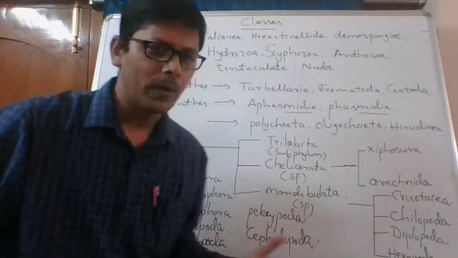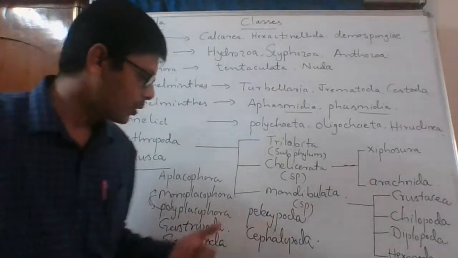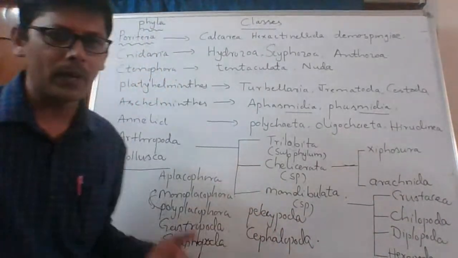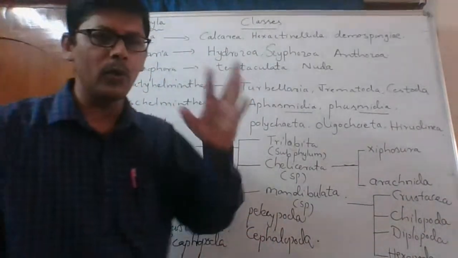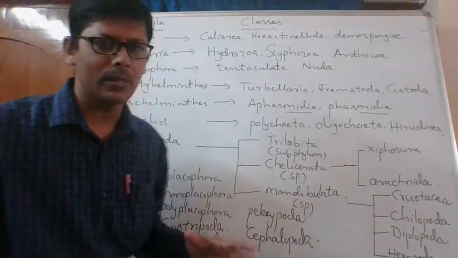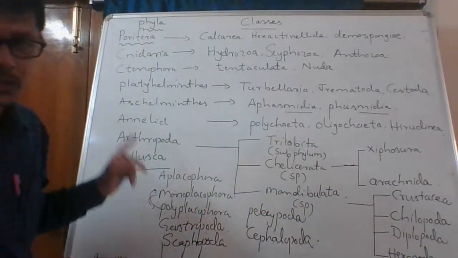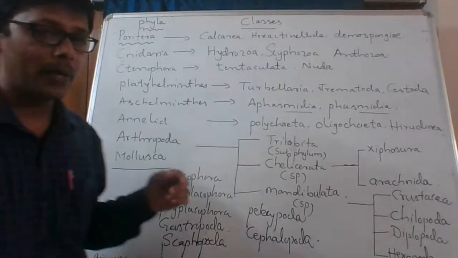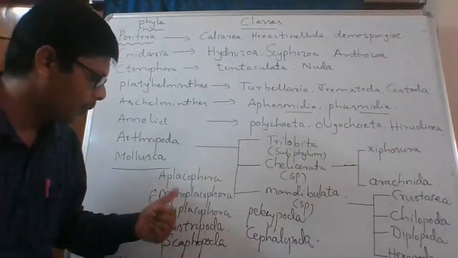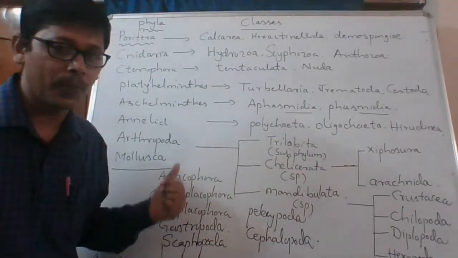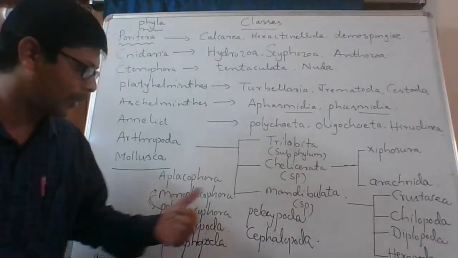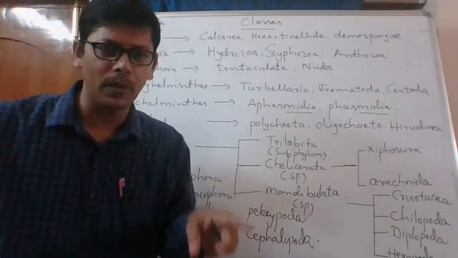Aplacophora, Polyplacophora, Monoplacophora, Gastropoda, Scaphopoda, Pelecypoda, Cephalopoda. These are the seven classes in the phylum Mollusca. The second largest phylum is this one.